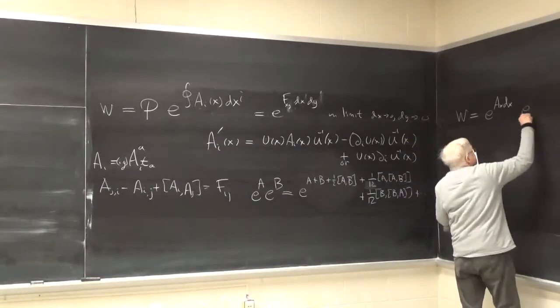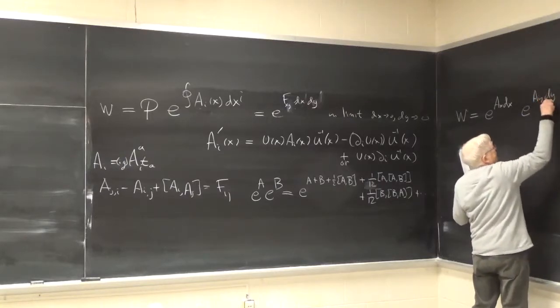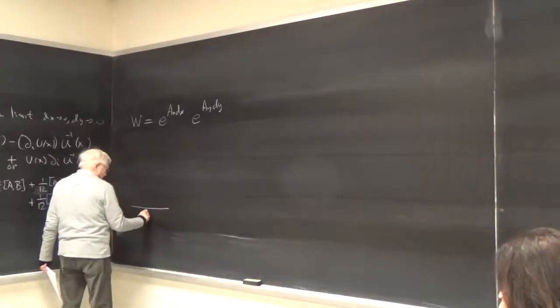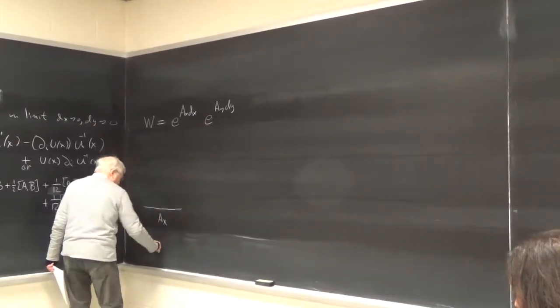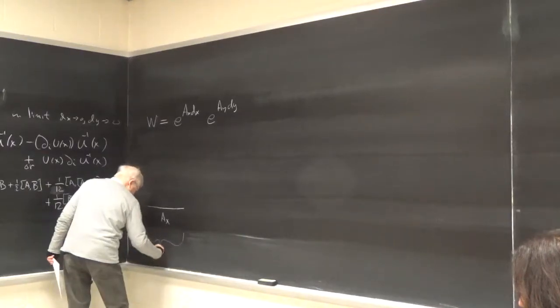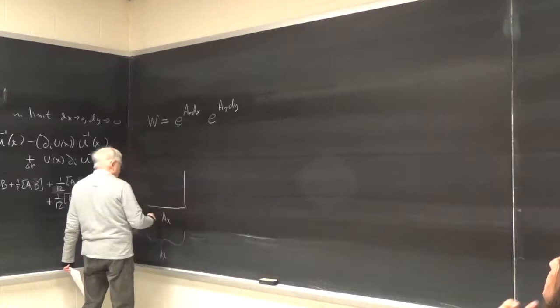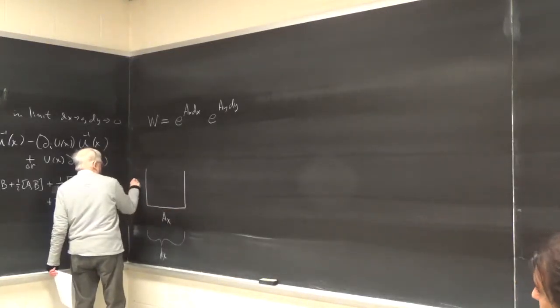And the next one is e to the A_y dy. Let me draw a picture here. So this is A_x, and this distance here is dx. And then over here we have A_y.